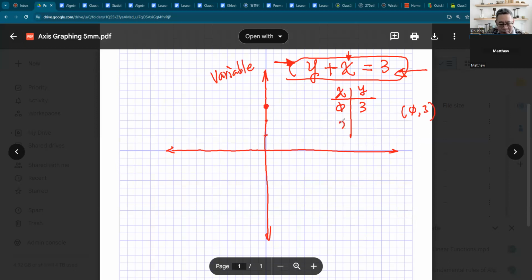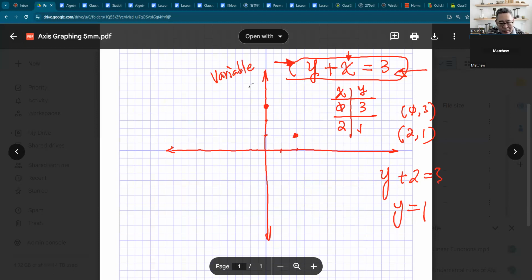And if x equals 2, then y plus 2 equals 3, so y becomes 1. So we got another point, (2, 1). So 1, 2, (2, 1) is here.